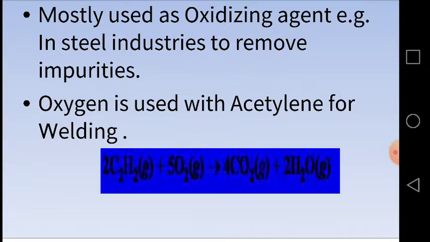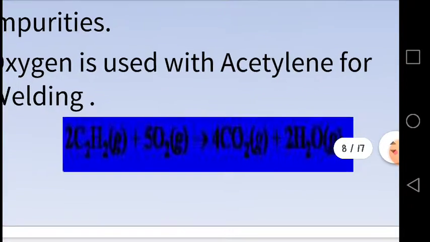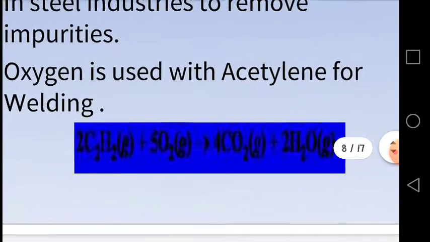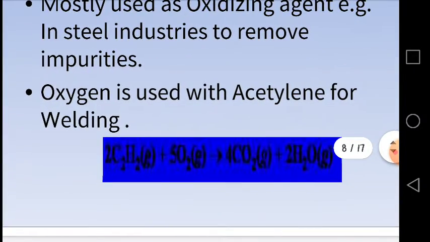As you can see, acetylene is reacting with oxygen and producing carbon dioxide and water, and in this process a tremendous amount of heat is produced. This heat is used, as I told you, for the cutting and welding processes. This is sometimes called oxyacetylene cutting, because the old name of ethyne is acetylene.